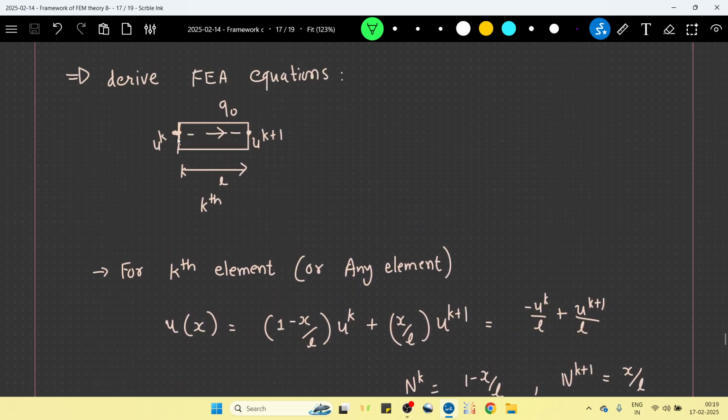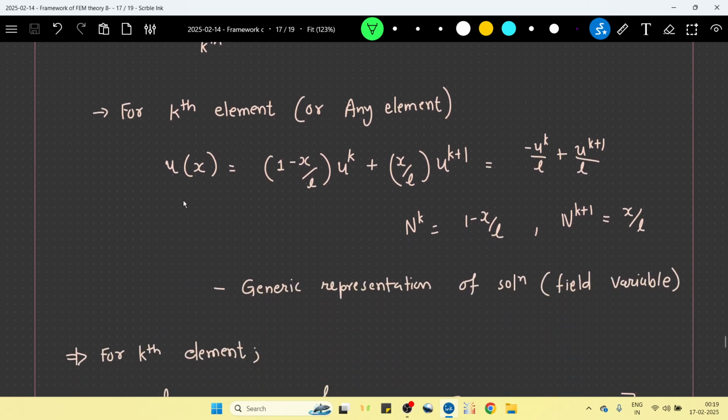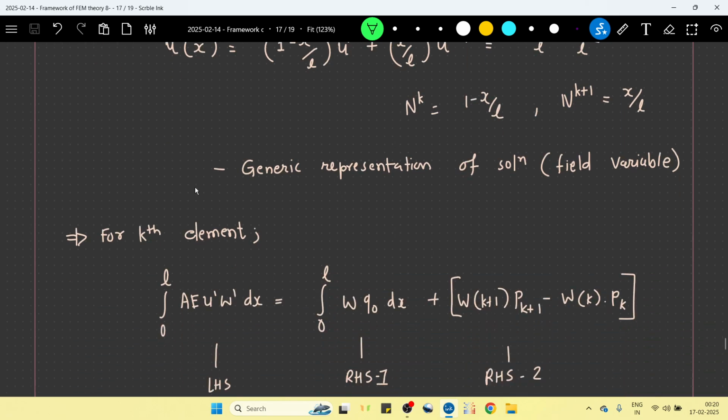We drew the free body of that element, and we started finding the FEA equation for this kth element, starting with the assumption of solution.